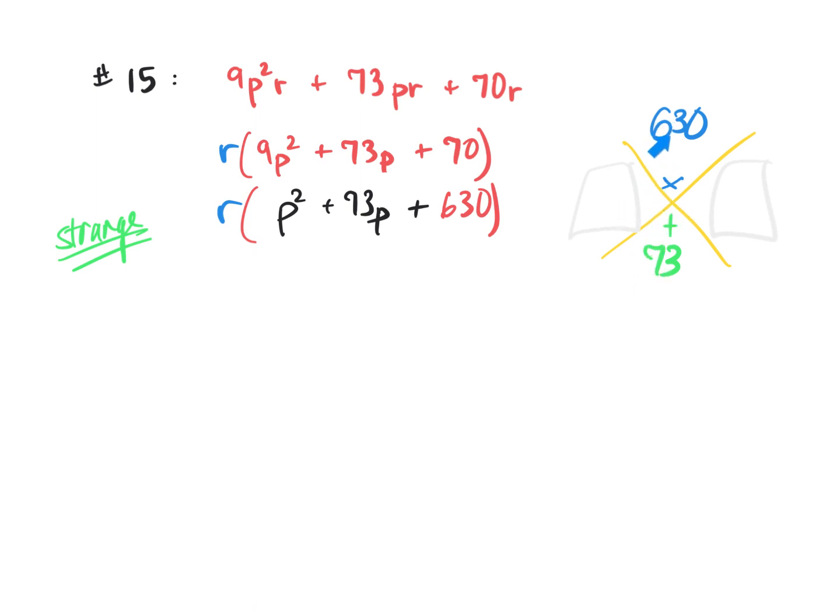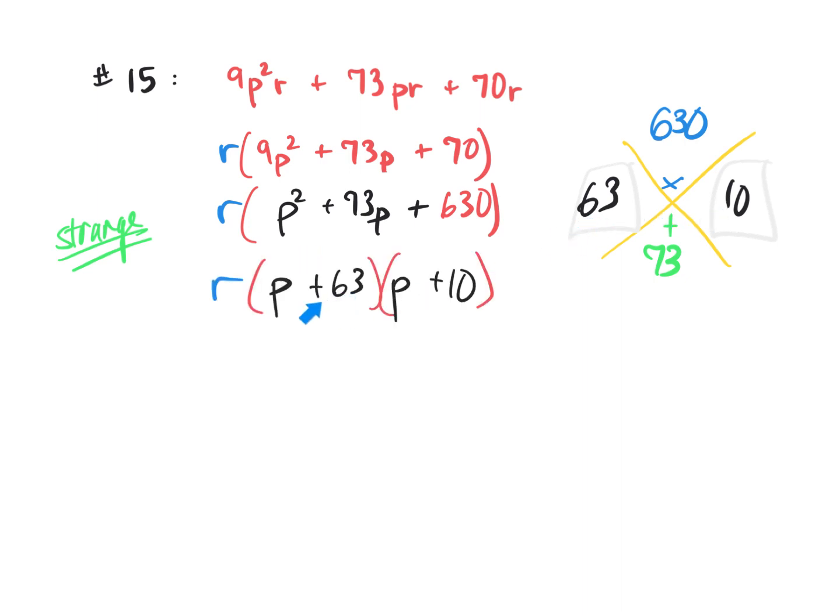So again, we're thinking of the 63 and the 10. 63 and 10 multiply to 630 and they add to 73. So we come over here and write those numbers in, p positive 63 and p positive 10.